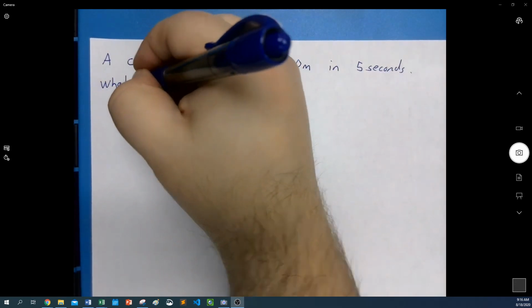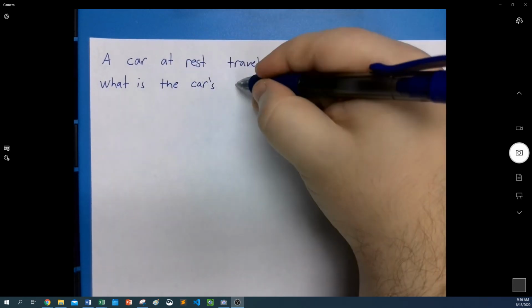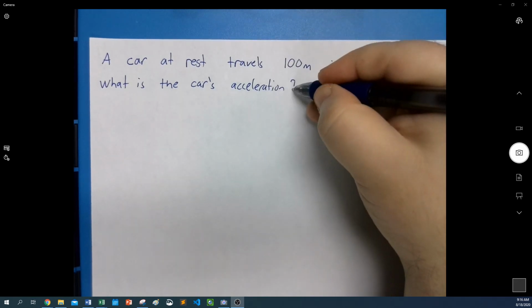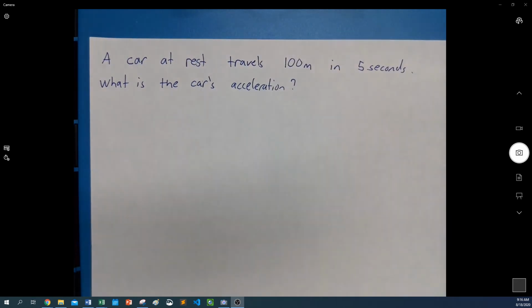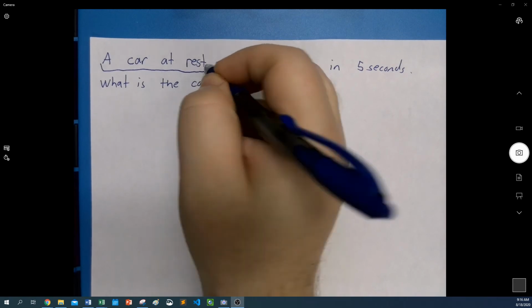What is the car's acceleration? So again, how you do these physics problems is you're going to take the words and identify the variables. So a car at rest, what does that tell you?